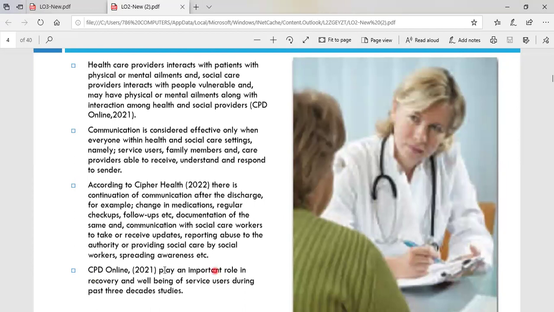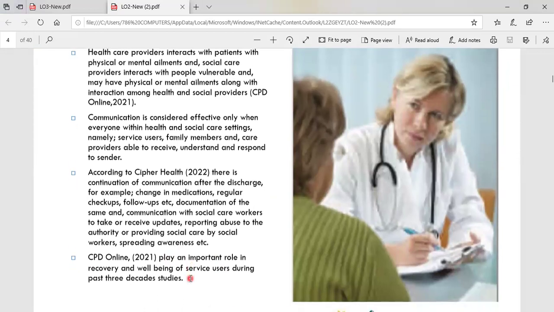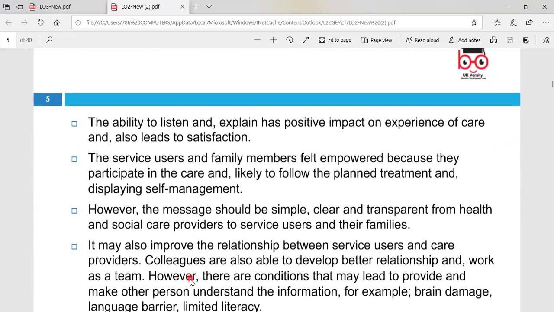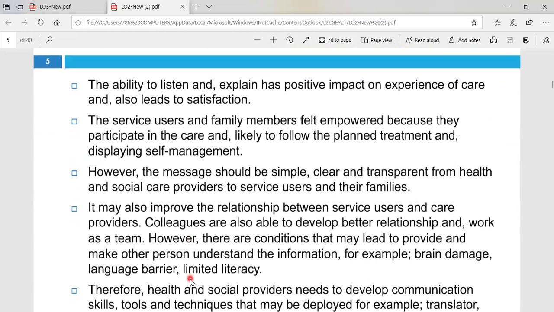CPD Online says it plays an important role in the recovery and well-being of service users. You can have a look at this, and it gives you more important information about communication skills. Whenever you listen to a patient or a service user, it could have a positive impact on that interaction, and that has a lasting impact.